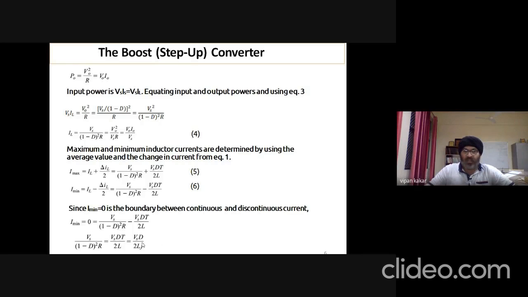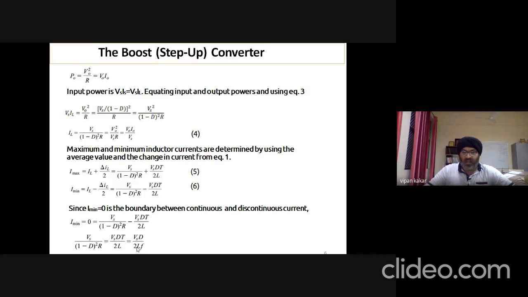So this will help us to calculate the values of inductor and frequency of operation or supply or duty cycle. All these values, duty cycle, depend upon our circuit requirement. F, frequency of operation, also depends upon our circuit operation.